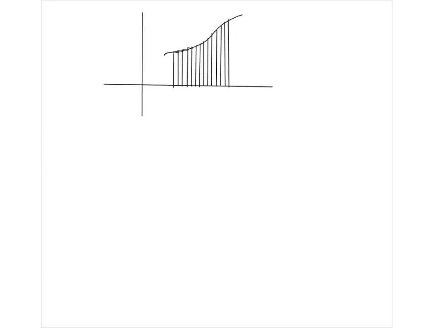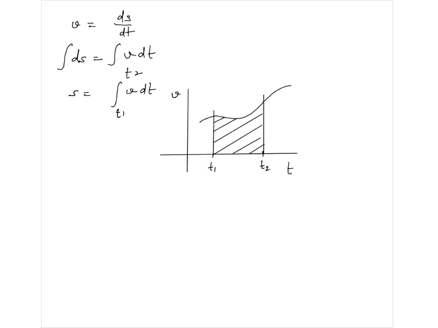But if you have a mathematical expression, v equal to something times t minus something times t square, whatever, then all you have to do is integrate. You know the formulae and theorems of integration, so it will be very easy to integrate.